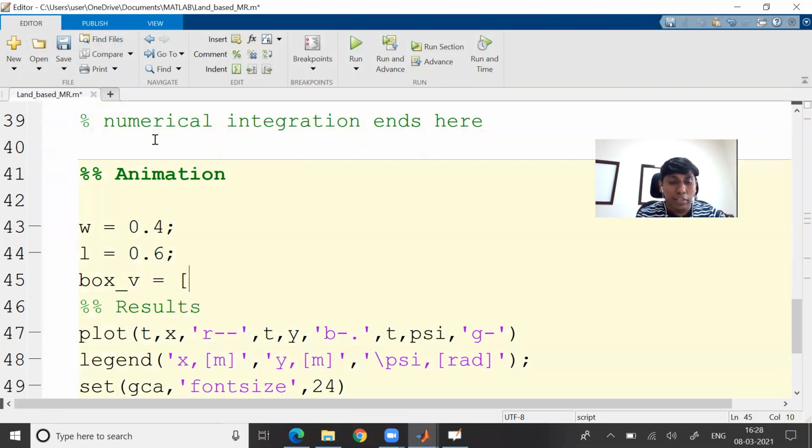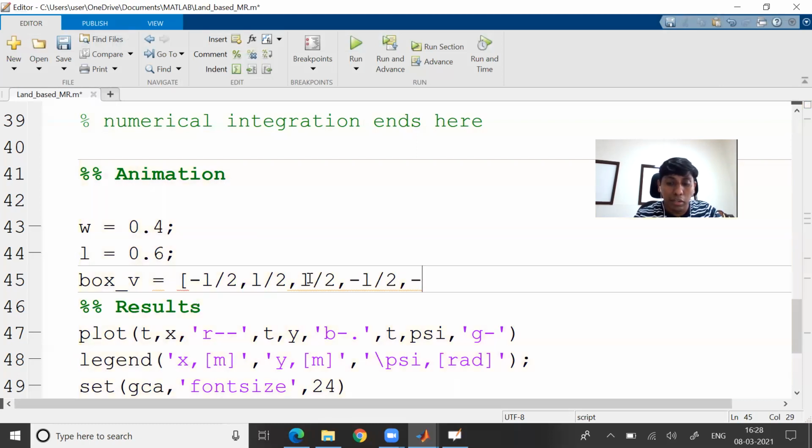This box has L by 2, so I'll start with minus L by 2, then L by 2, and continue like this. Minus L by 2, it's supposed to be closed, so I'm ending with minus L by 2 again.